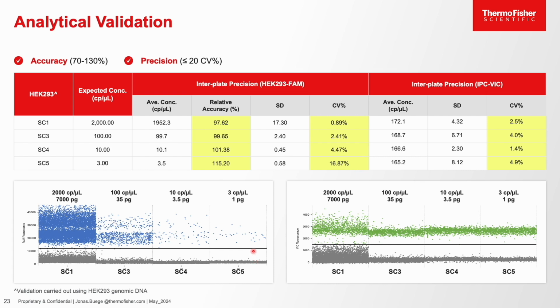The internal positive control demonstrated consistent readout across the different dynamic range, making it a reliable indicator for inhibition, in particular in complex matrices with high salt or protein concentration.